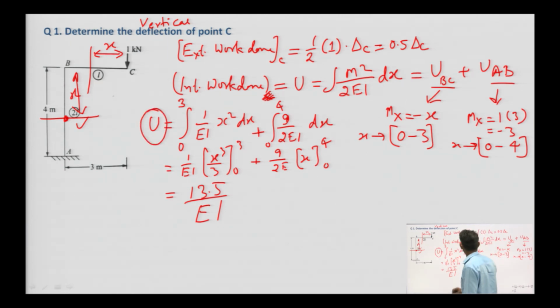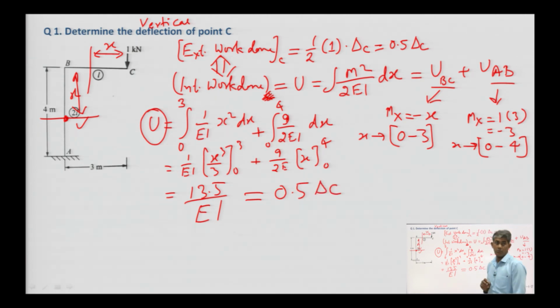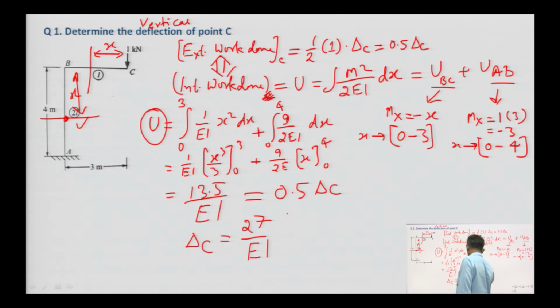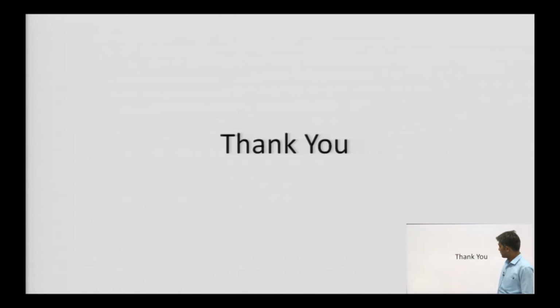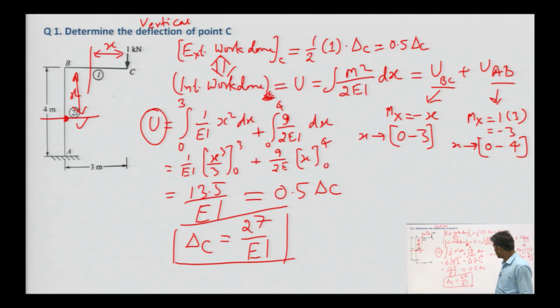Equate the internal work done to the external work done. So, 13.5 by EI is equal to 0.5 delta C. The value of delta C will be 27 by EI. So, this is the value of the vertical deflection at point C.